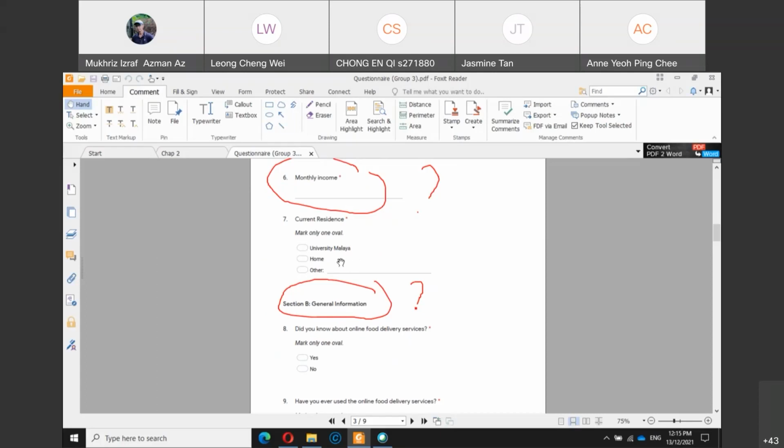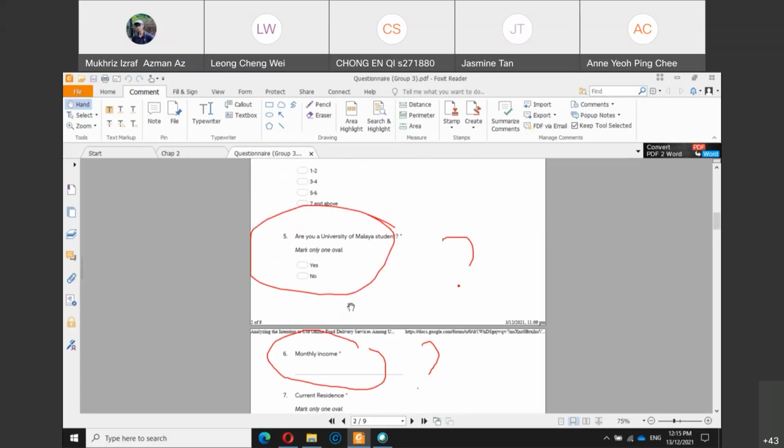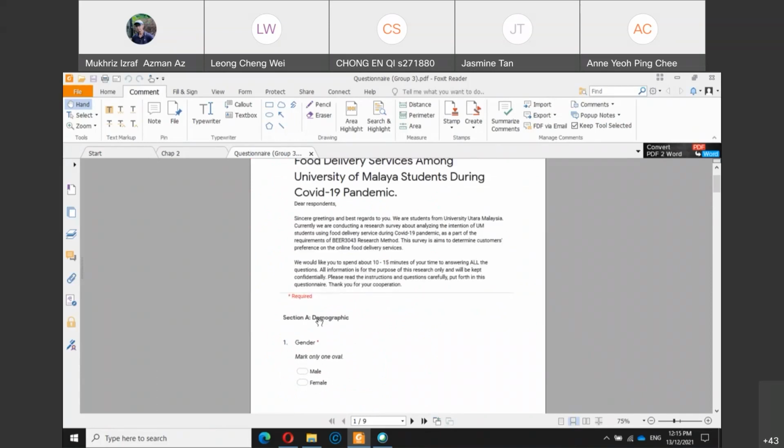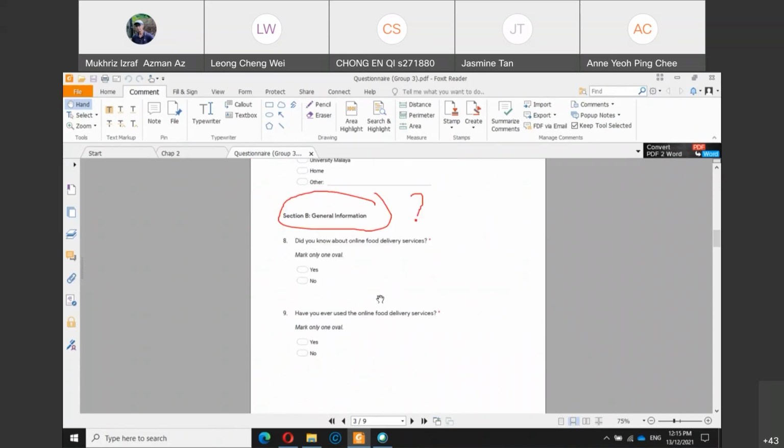Universiti Malaya, they stay on campus, home, other. What do you have as general information? Usually you only have one, which is the demography. And then general information, this is for what?